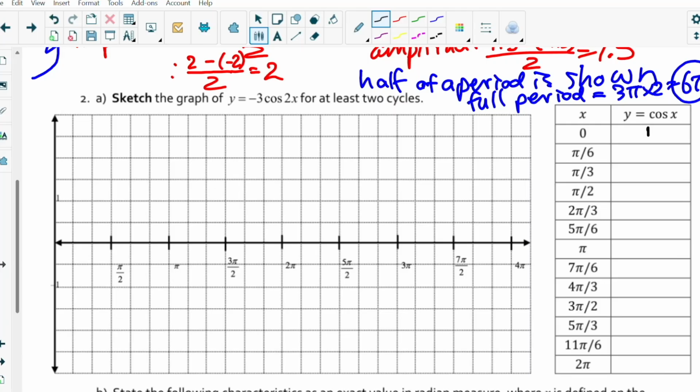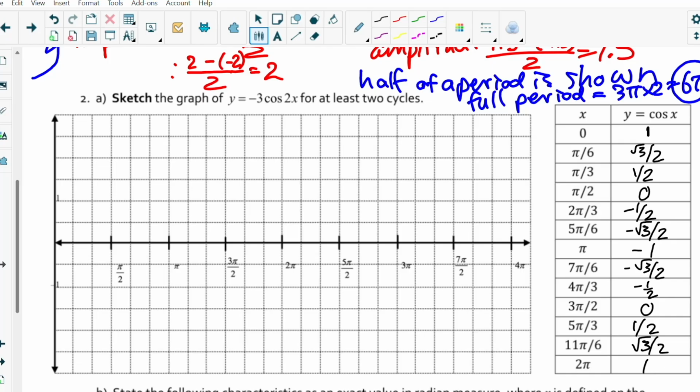So that's 1, square root of 3 over 2, 1/2, 0, negative 1/2, negative square root of 3 over 2, negative 1, negative square root of 3 over 2, negative 1/2. Remember, these are all values from the unit circle, right? So you should know these by now. 1/2, square root of 3 over 2, and 1.